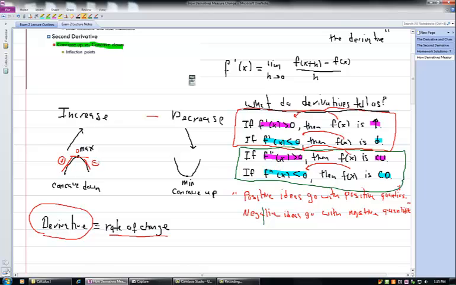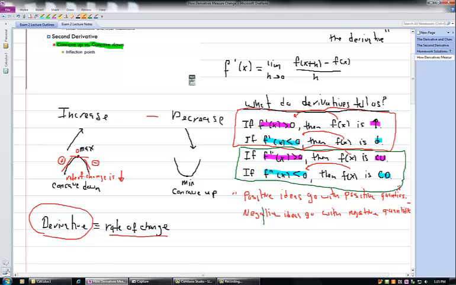Well, you see a negative rate of change because it's going down. So what's happening to the rate of changes? Well, the rates of change are going from positive to 0 to negative. So the rates of change are decreasing. So the rate of change is decreasing, so it's going down.